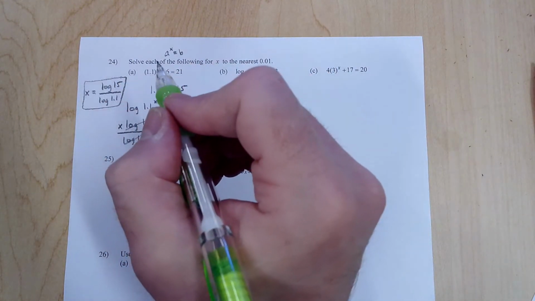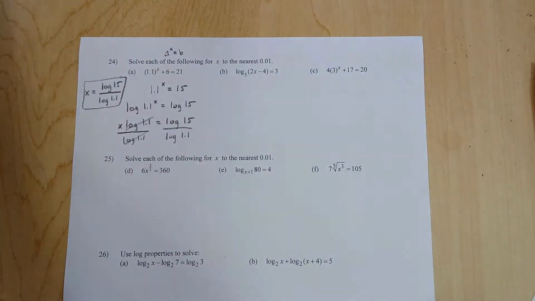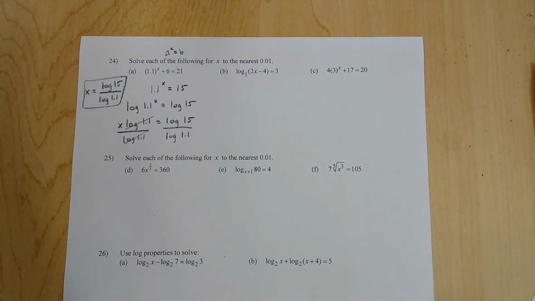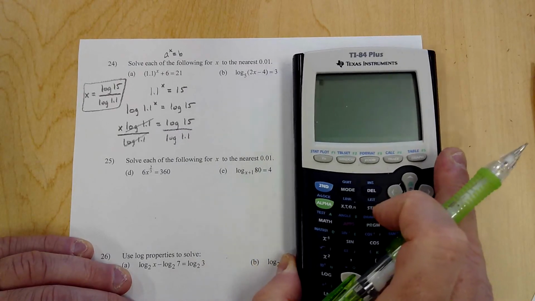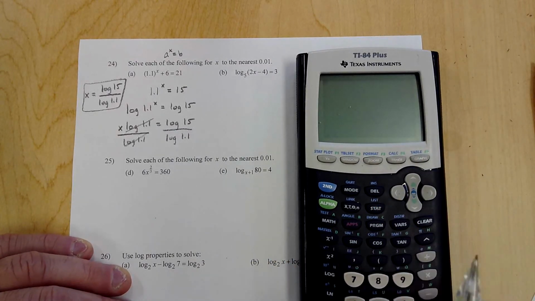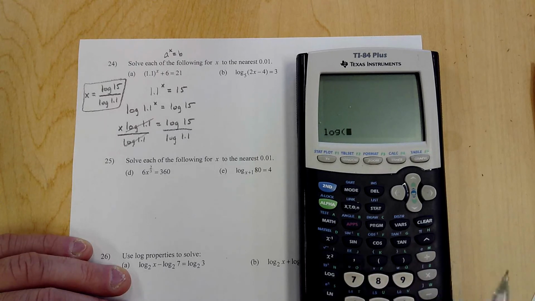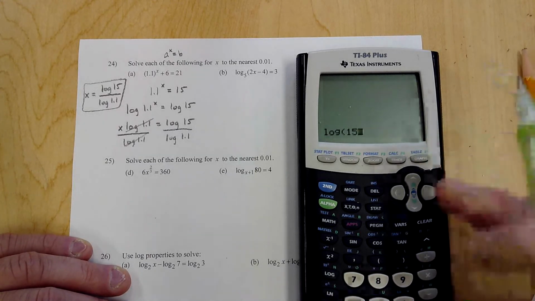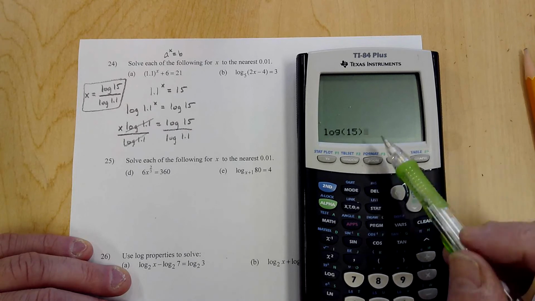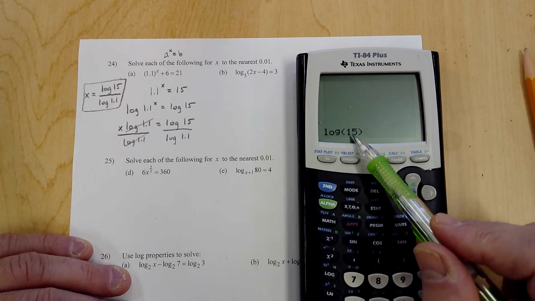Okay, so that's just a heads up of what's coming. But I'm going to give you your calculator, and if you have your calculator, you need to punch that in. So let's see what we get. We're going to round that to the nearest hundredths. I'm going to hit the log button, which is a convenient button next to my 7 here, and 15 goes next. You have to remember to close that parenthesis. That officially ends the log with just the 15.